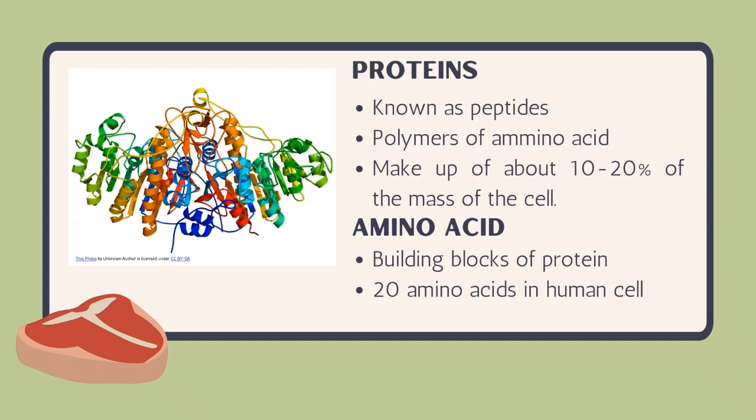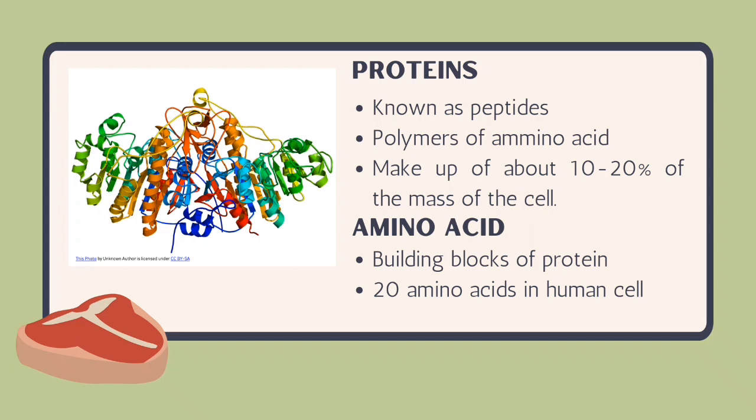It is composed of carbon, hydrogen, oxygen, nitrogen, and sulfur. Proteins is the second most common molecule found in the human body and make up about 10 to 20% of the mass of the cell.